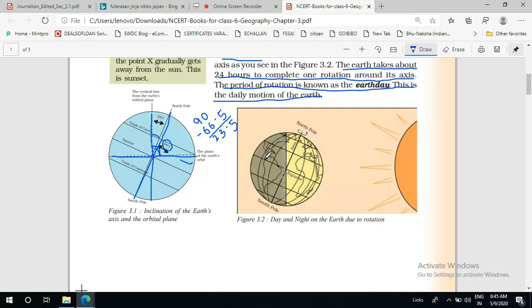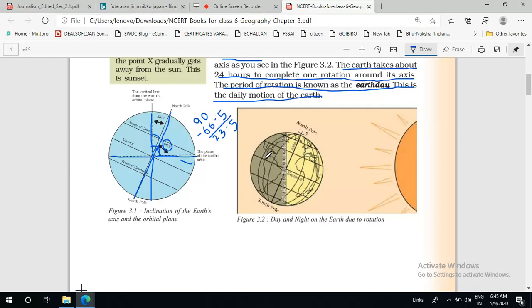So, if the Earth stops rotation, then what will happen? The second effect of this will be that there will be extreme heat at those places which are experiencing daytime, where the sun rays are falling continuously.